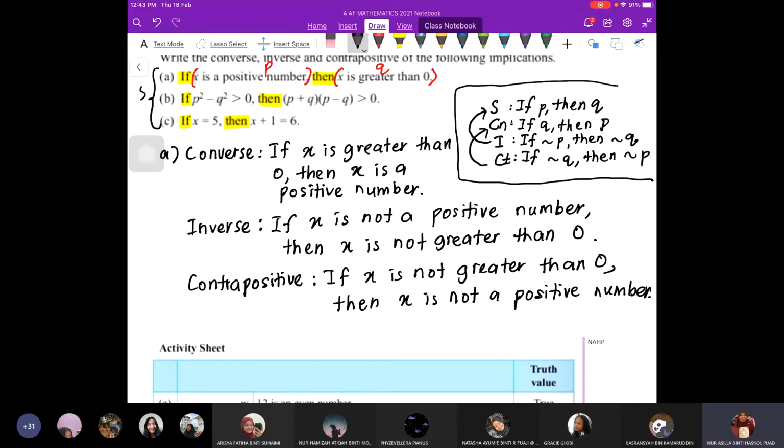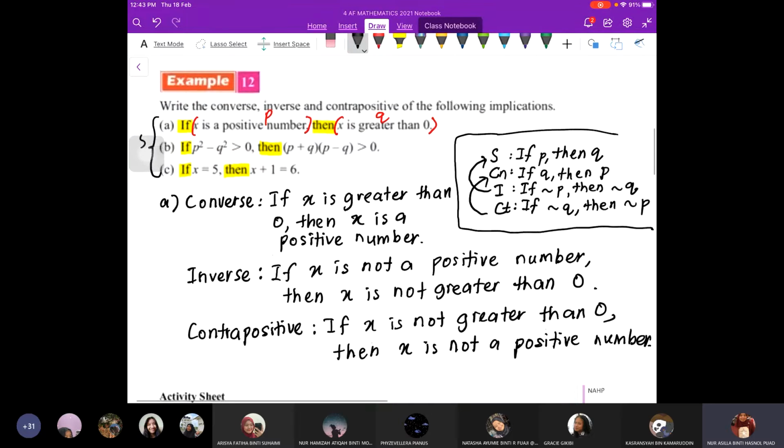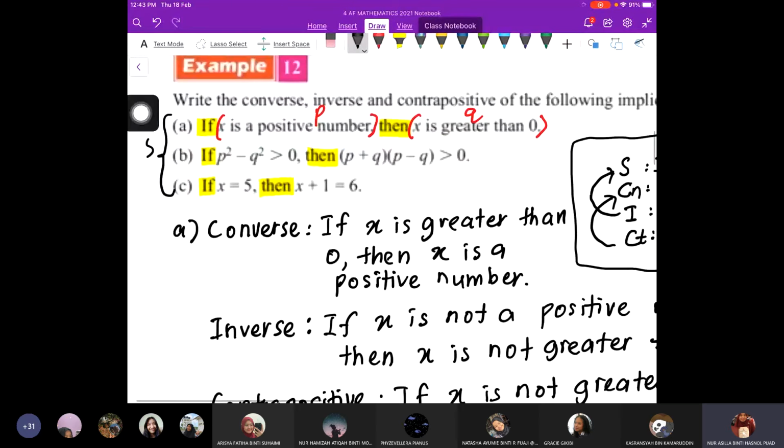Okay, simple. Alright, so dia hanya tukar kedudukan je based on P and Q.